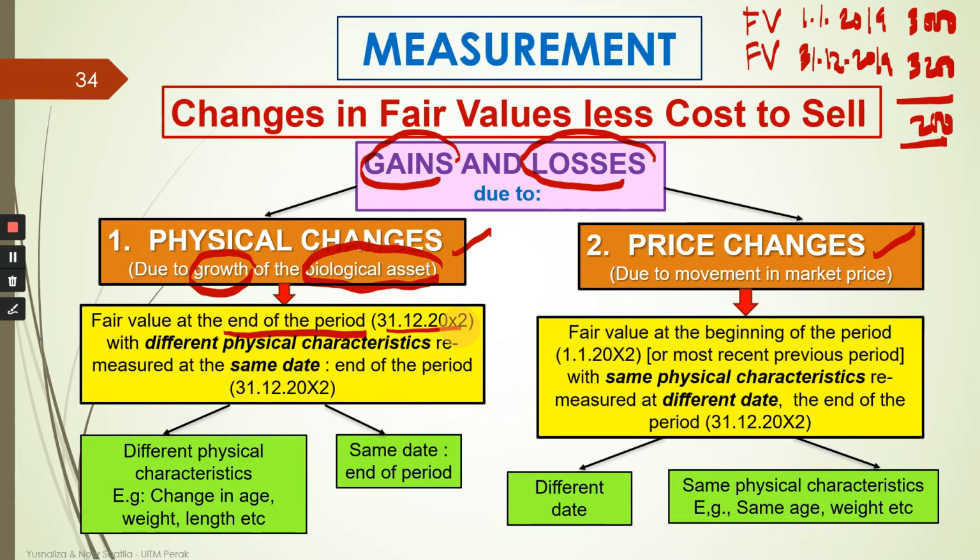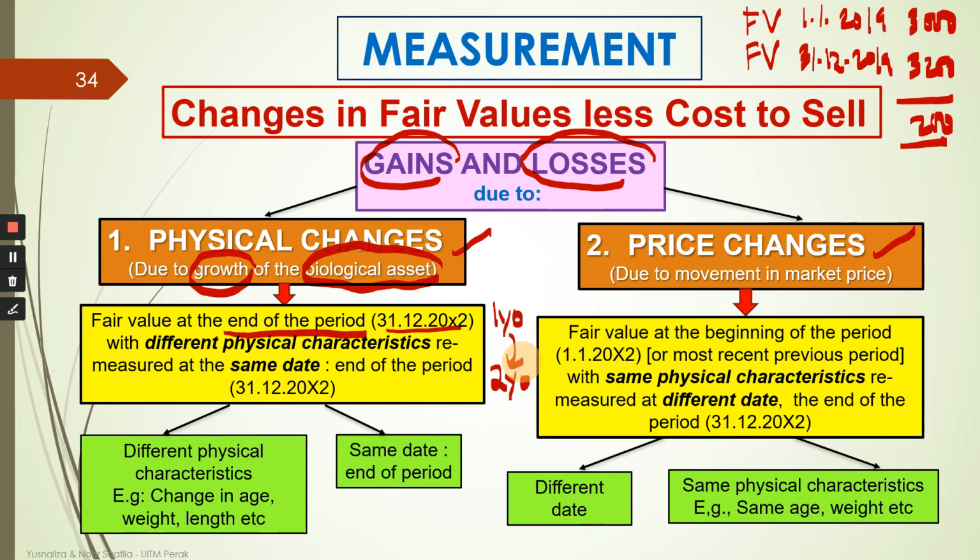The physical characteristic would be different. Let's say, what is the value of a 1 year old cow on 31st of December versus a 2 year old as at the same date. So there are some physical changes here, which is in terms of age, right? So we will have to see whether there is a gain or a loss.